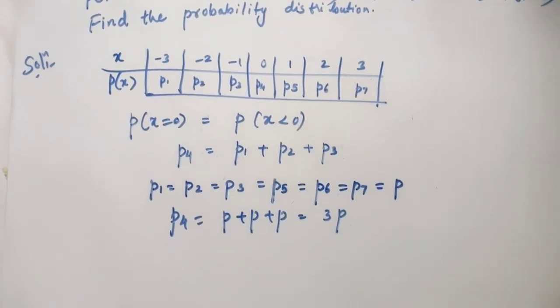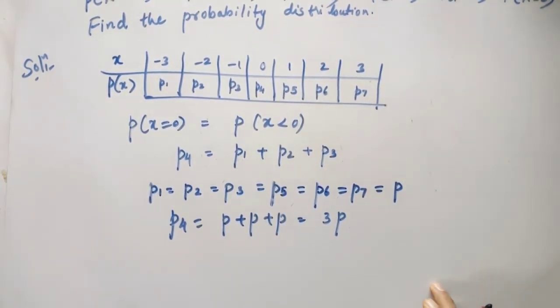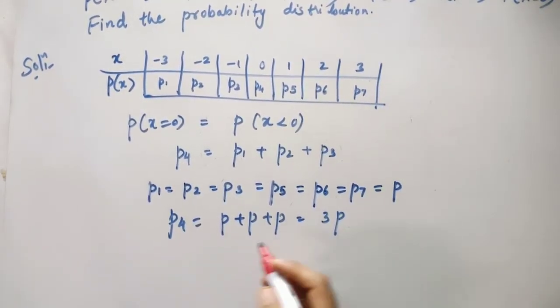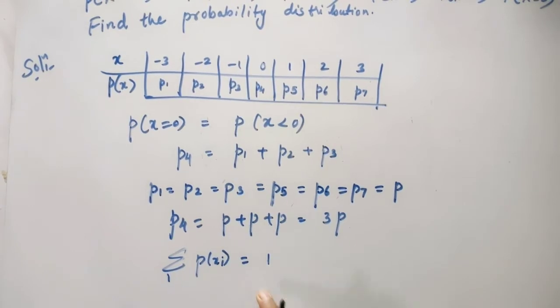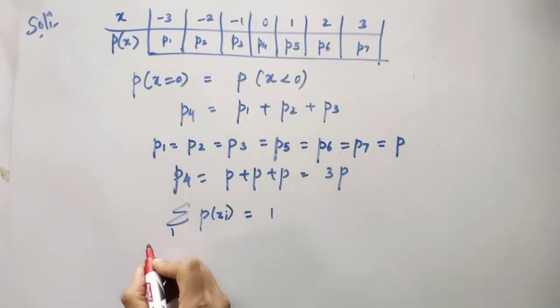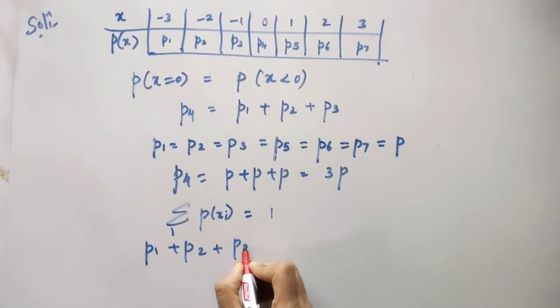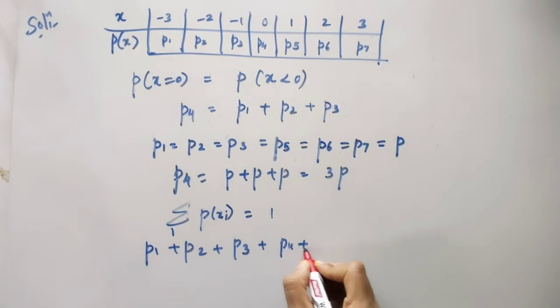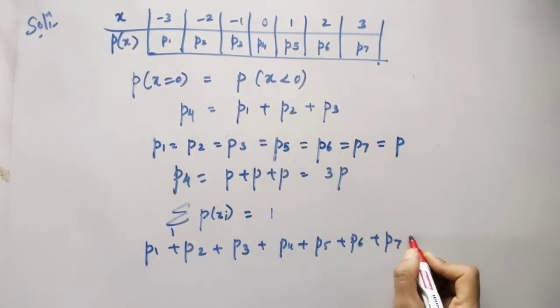When this is a proper probability distribution, it should satisfy one important condition, that the summation of all p of x i should be equal to 1. So p1 plus p2 plus p3 plus p4 plus p5 plus p6 plus p7 is equal to 1.